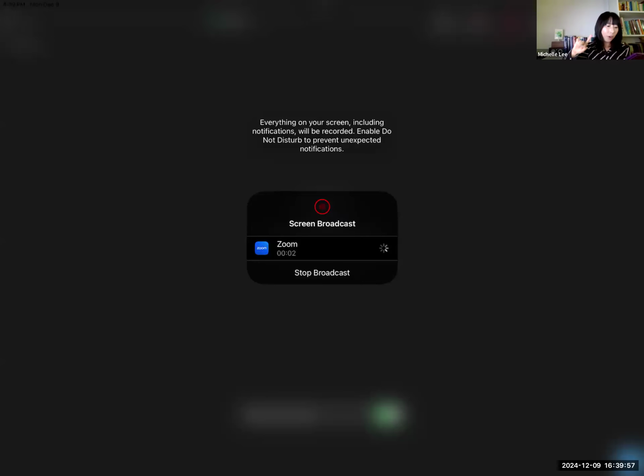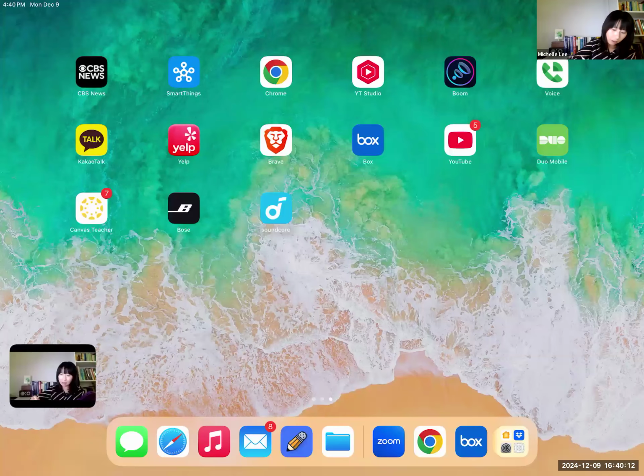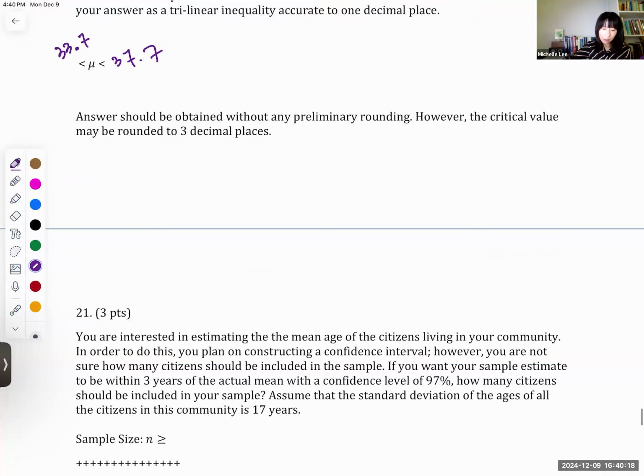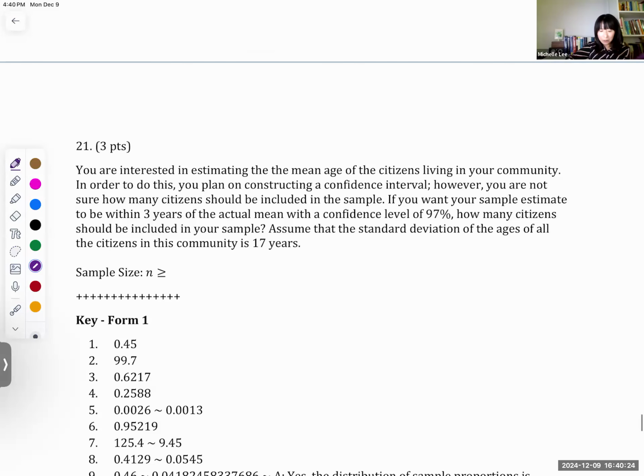So lower bound has a 33.65, one decimal, so 33.7, and upper bound 37.74, so 37.7. Okay. All right. So this is the answer. All right. Last problem.